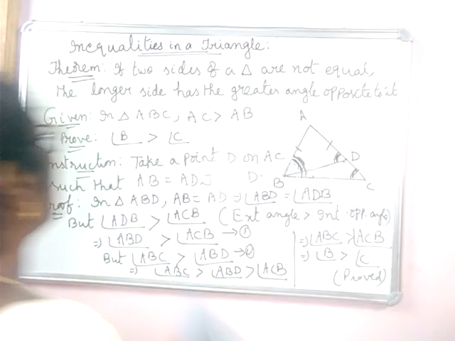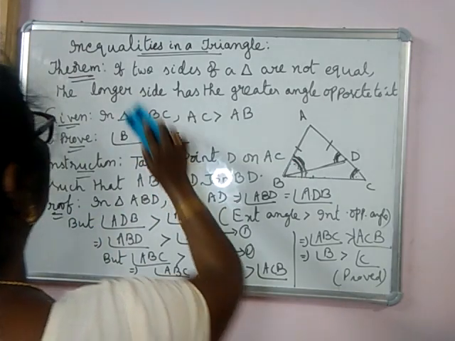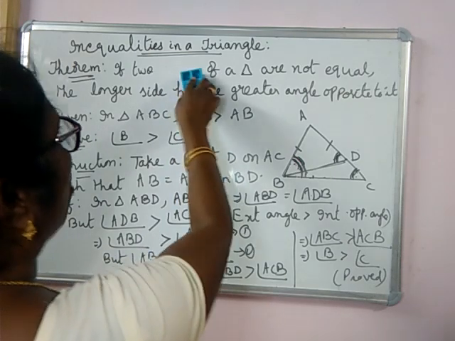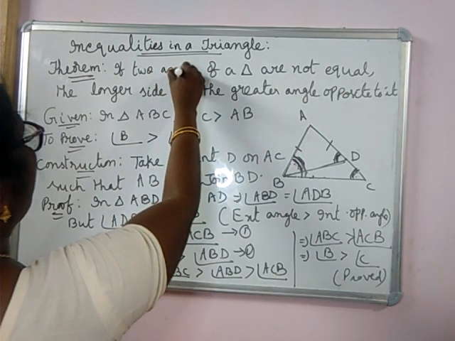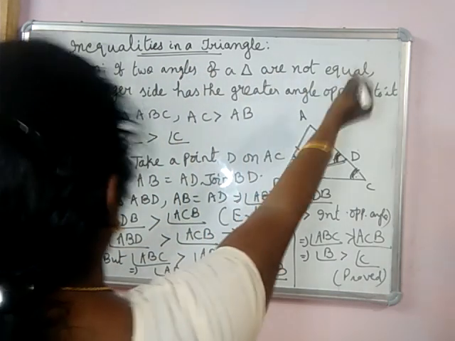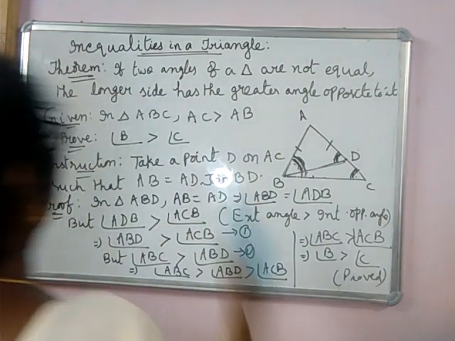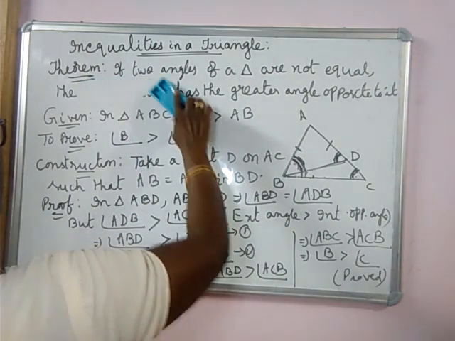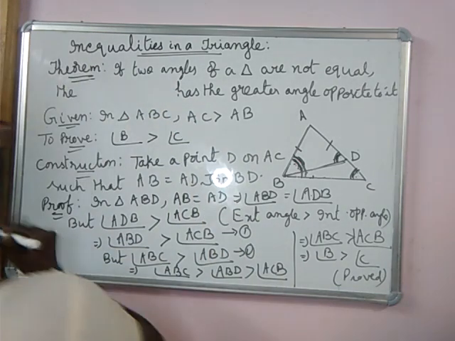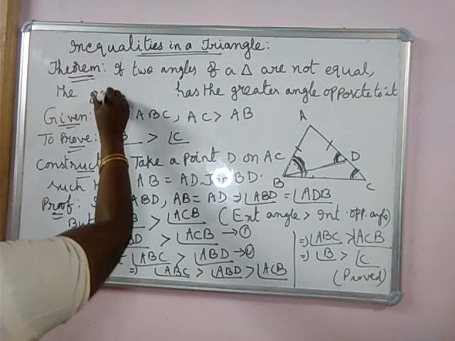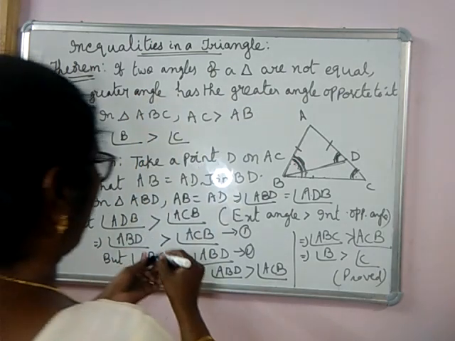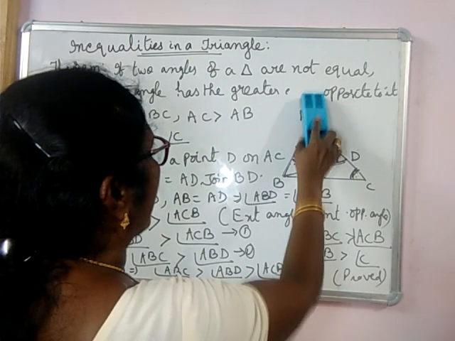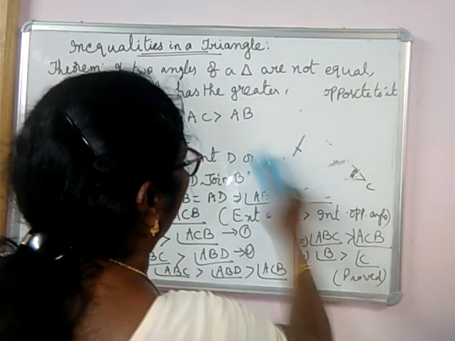Okay? Now, the converse of this theorem is: if two angles of a triangle are not equal, then the greater angle has the greater side opposite to it.